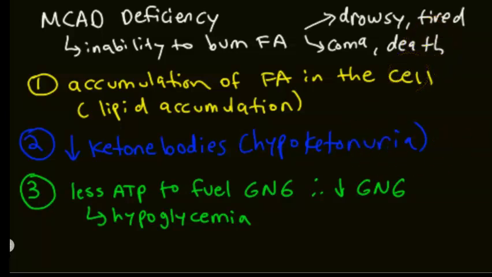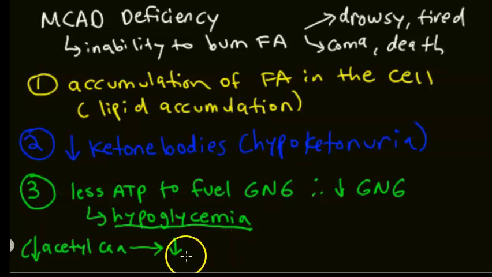Another thing I wanted to point out is you can also get hypoglycemia through a different mechanism. It turns out that acetyl-CoA is very important in activating a special enzyme known as pyruvate carboxylase. So if you have less acetyl-CoA being produced, you're going to have less activation of pyruvate carboxylase.